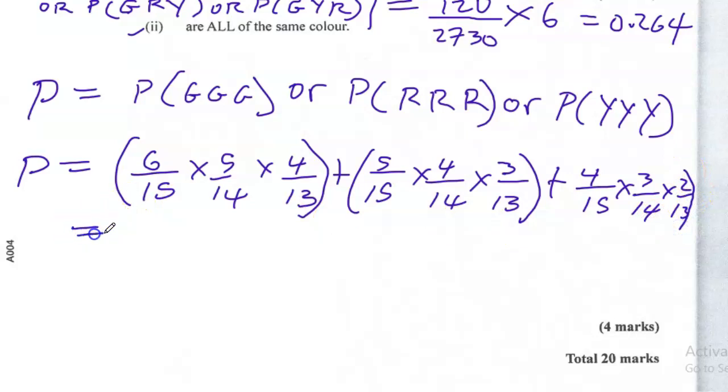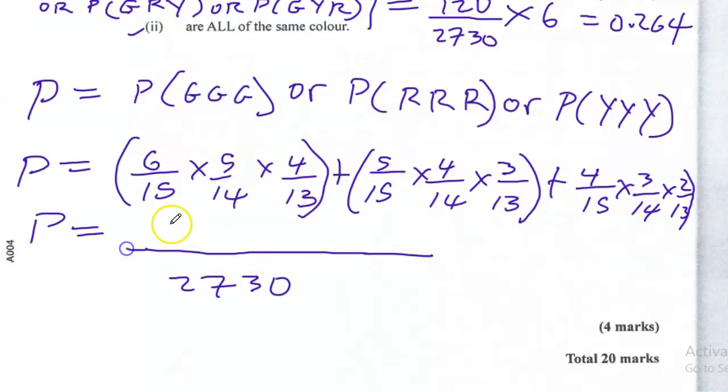Alright? So notice all of them have the same denominator, 15 times 14 times 13, the same denominator of 2730. And the numerator, for the first one, 4 times 5, 20, times 6, 120.